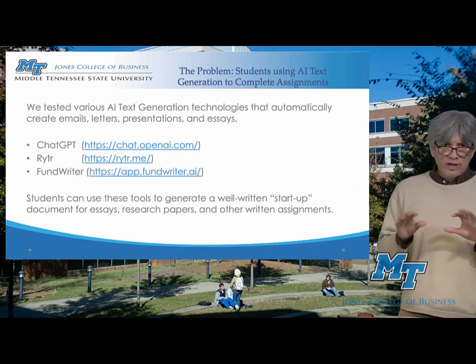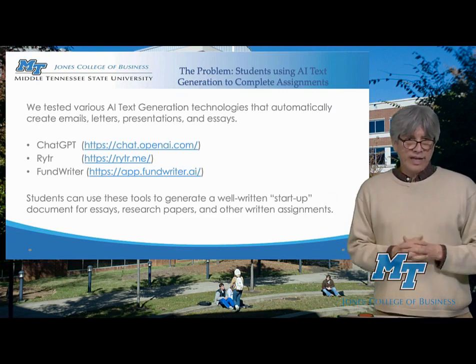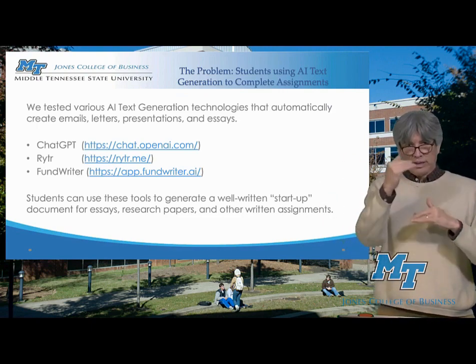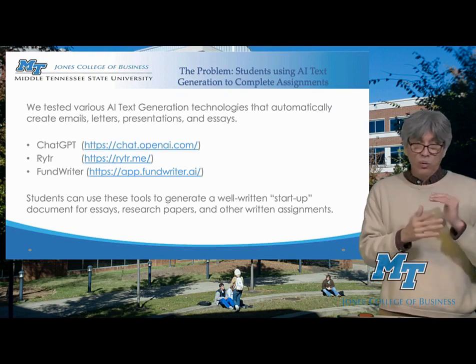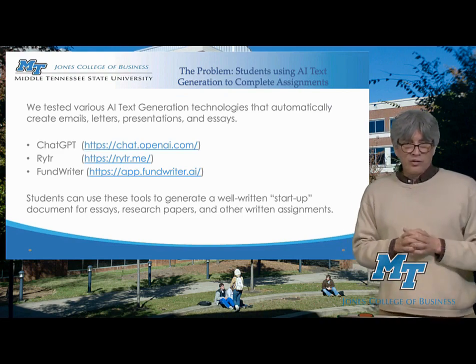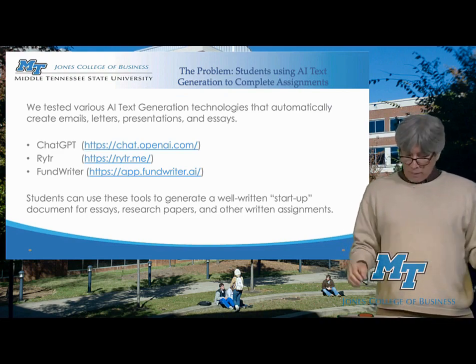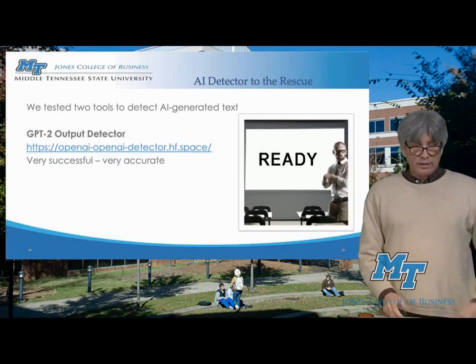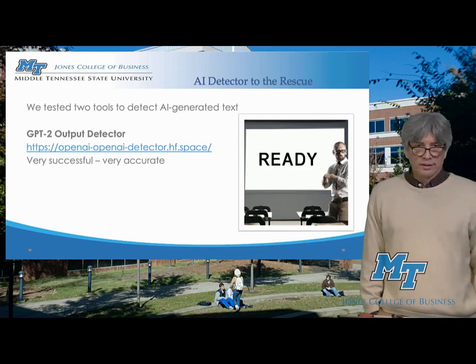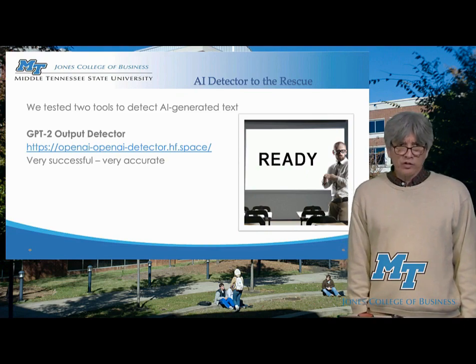The third one is very specific but also generates other styles of documents. These tools can generate all types of documents, and you can specify what type of document you want to create, if it is a paper, if it is grant writing, etc. We also tested the GPT-2 output detector, and we were very successful with it.